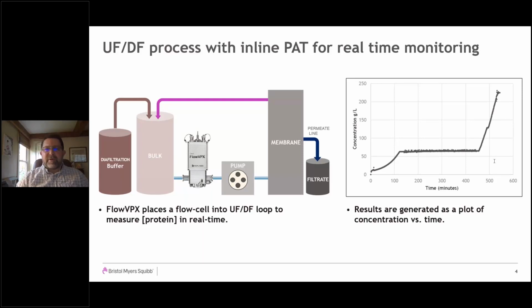Now I'll talk briefly about concentration here too. At BMS, our drug substance concentrations have been going up a lot over the past several years. It used to be that the target drug substance concentration was typically 10 to 50 grams per liter. The reason we're going to 150 to 200 now is subcutaneous injection.